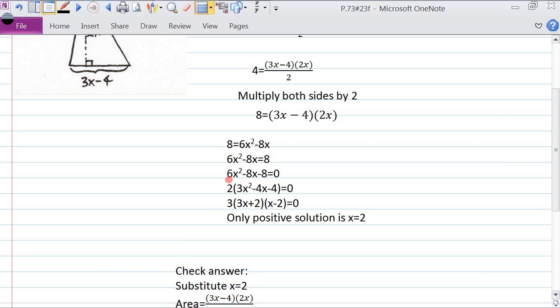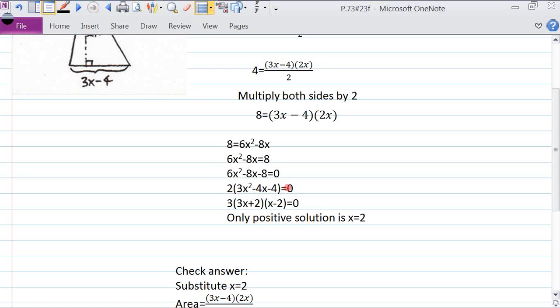So now what I do is I transpose the 8 from the right to the left, and it becomes minus 8. And now the greatest common factor here is the number 2. I can take that out of there. So I get 2, and 2 times 3x squared gives me 6x squared. 2 times minus 4x gives me minus 8x. And 2 times minus 4 gives me minus 8.